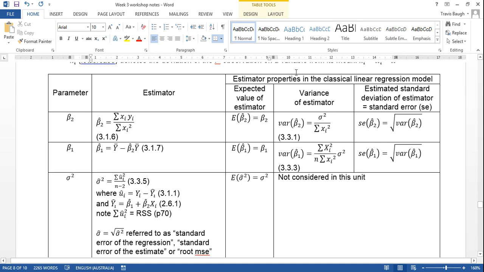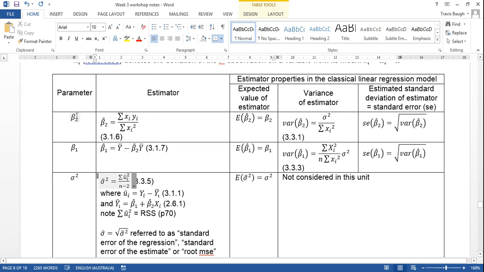Now, if the assumptions above hold, then each time we generate a sample from that population, we can apply these estimator formulas to get an estimate for the population parameter.